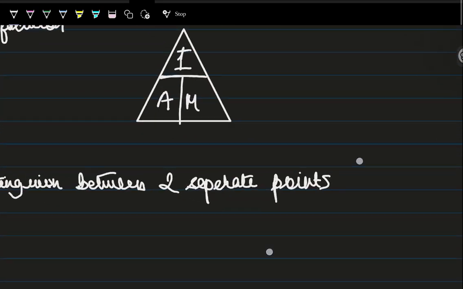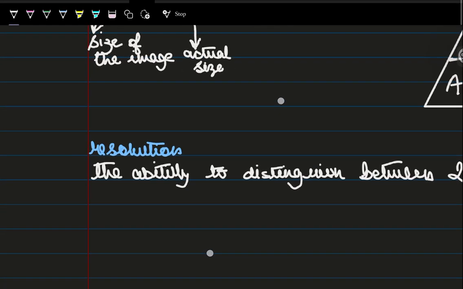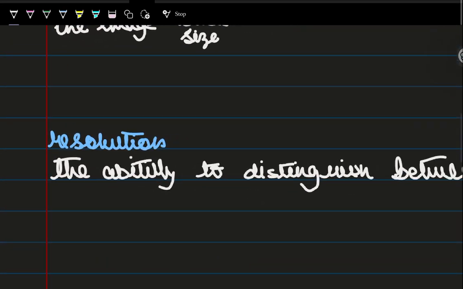If two separate points cannot be resolved, they are observed, or they are said to be one point. So let me type that down.